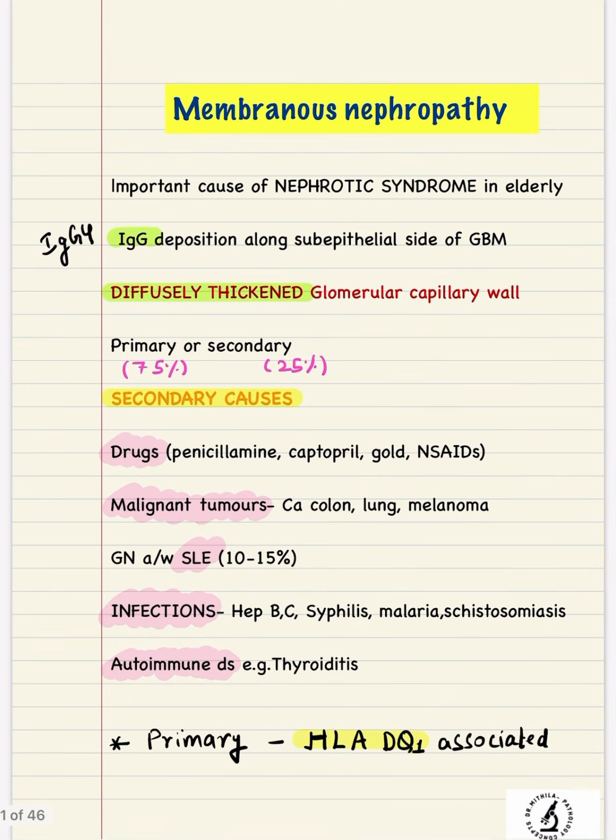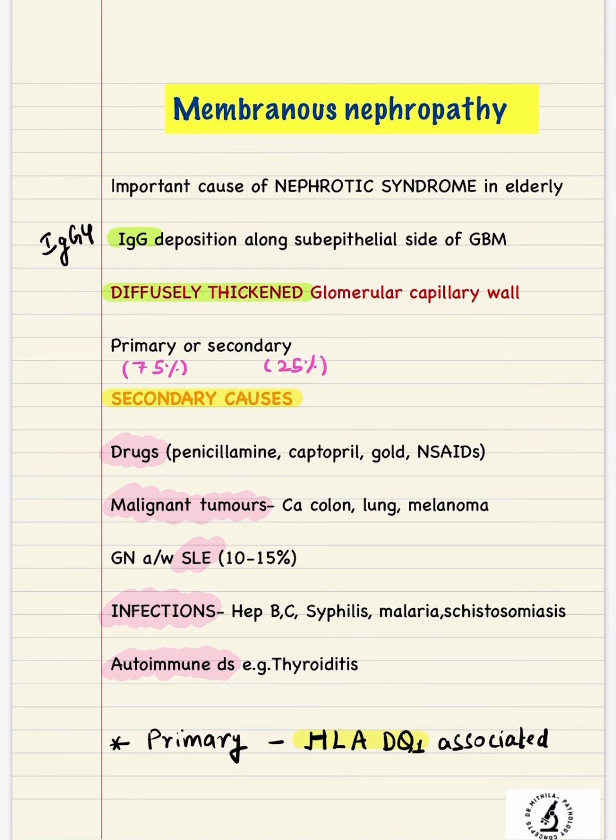Now there are the secondary causes. These can be drugs like penicillamine, captopril, gold, NSAIDs, some of which are used for the treatment of rheumatoid arthritis. Then there can be underlying malignant tumors like carcinoma of colon, lung, melanoma. Then glomerulonephritis associated with SLE, so lupus nephritis, in 10 to 15% of cases will manifest as membranous nephropathy.